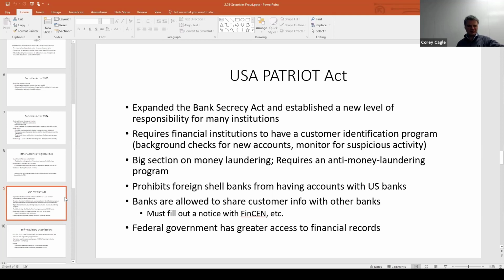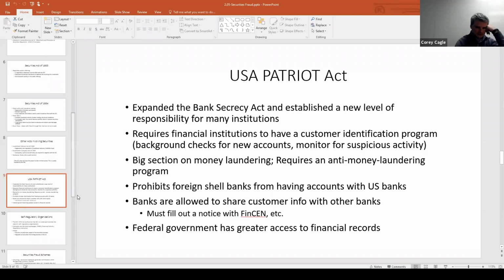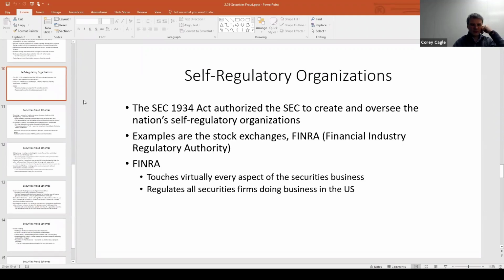So a lot of bullet points worth noting on the Patriot Act for sure. Some organizations, the '34 Act authorized the SEC to create and oversee some of these organizations, such as the Financial Industry Regulatory Authority, which regulates all these securities firms that are doing business.